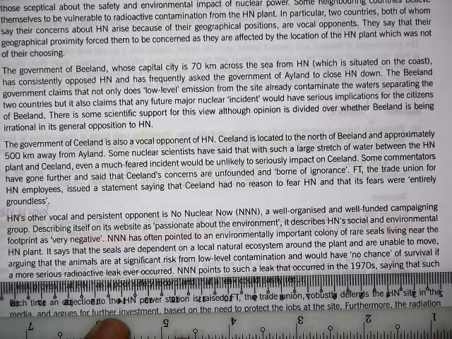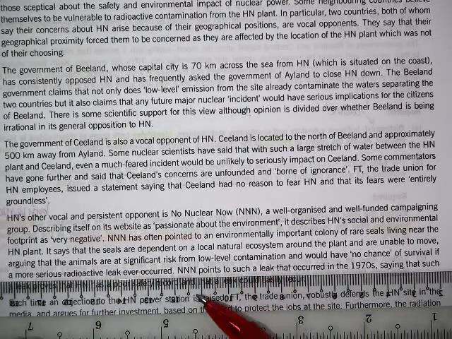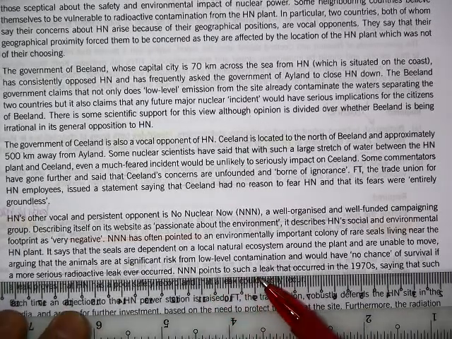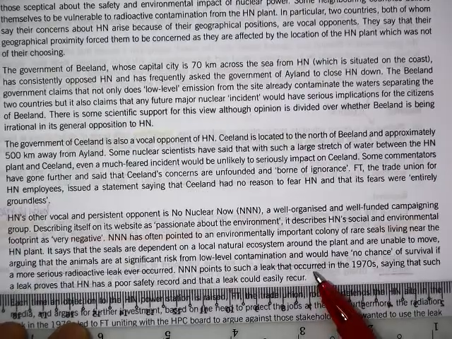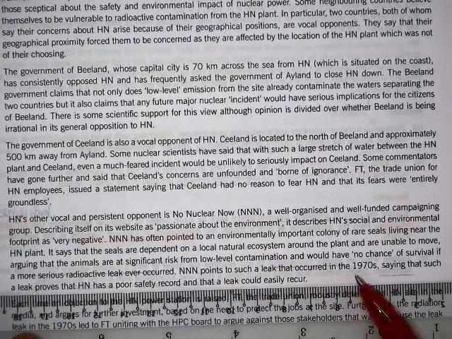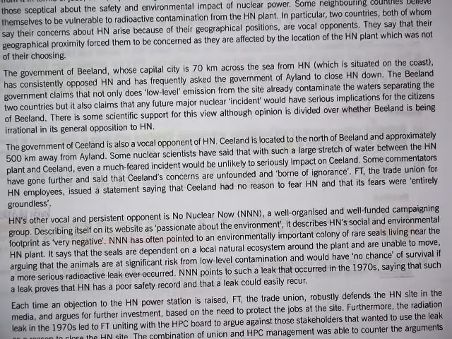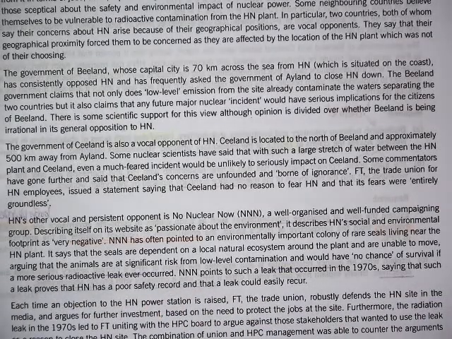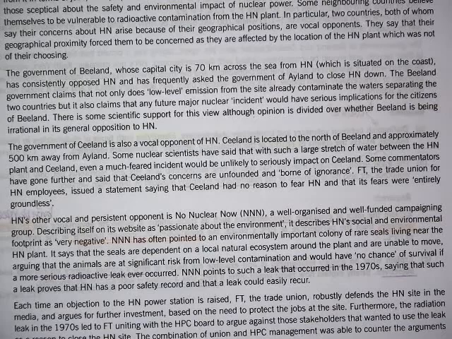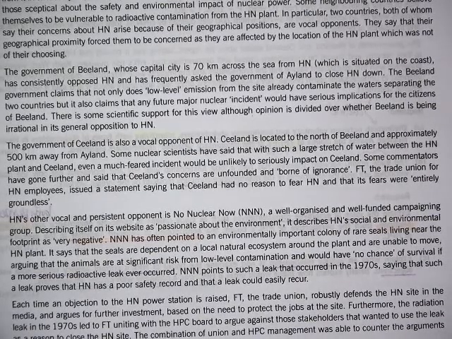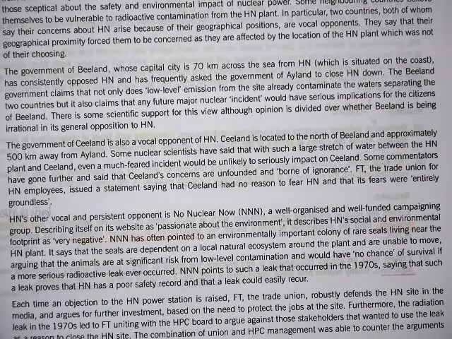Okay? HN's other vocal and persistent opponent is No Nuclear Now, NNN, a well-organized and well-funded campaigning group. Describing itself on the website as passionate about the environment, it described HN's social and environmental footprint as negative.